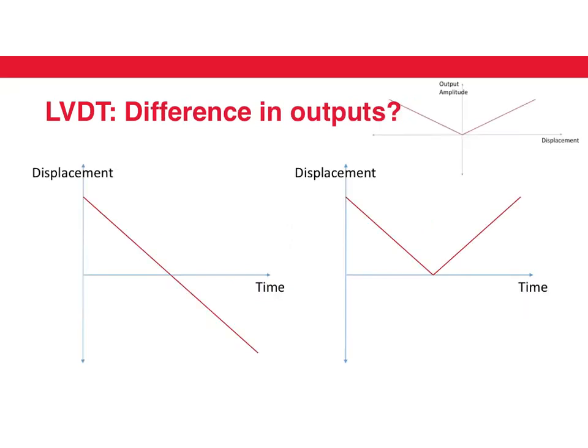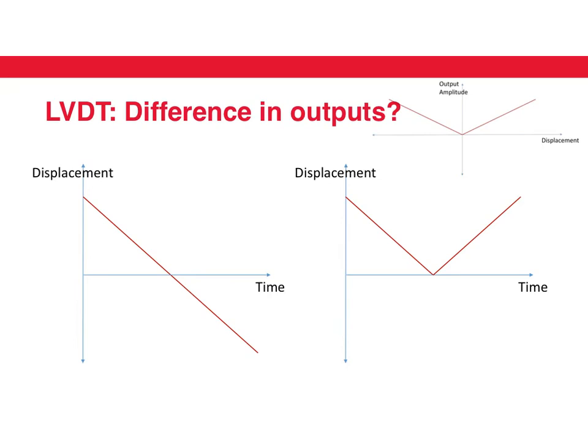Now, if we have an output amplitude that is always positive, whether the displacement is positive or negative, how are we going to differentiate between these two different displacement profiles? Because both would give you the same output amplitude.